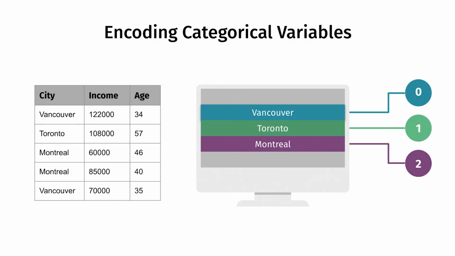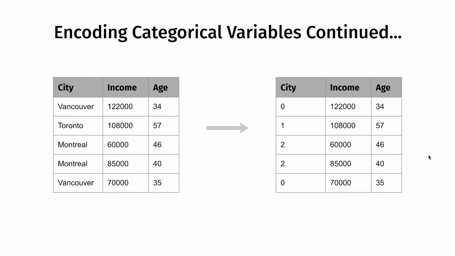Encoding categorical variables is essentially converting strings or categories into numbers. For example, imagine we have the following data set with a city column with 3 distinct categories. Now, an ML model cannot effectively understand the difference between these 3 categories, so we need to assign them a unique numerical value. But this comes with a problem. Because these values are numerical, the model may interpret them as having an order.